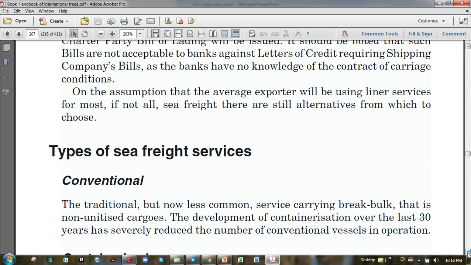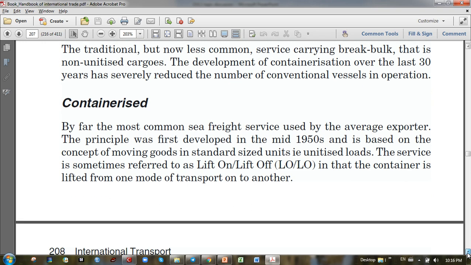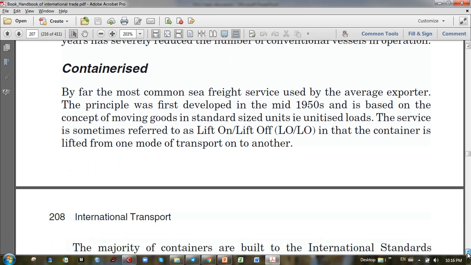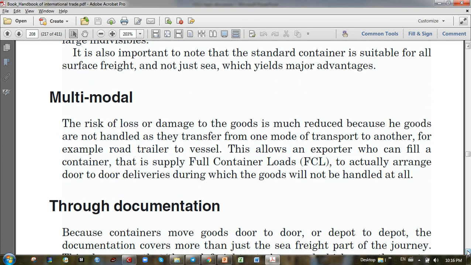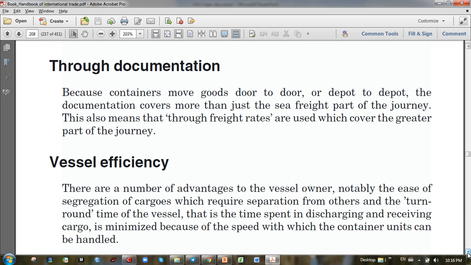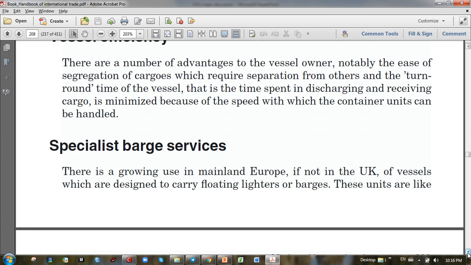Types of sea freight services: conventional, containerized. Then we have multi-modal under sea freight: through documentation, batch agency, specialist batch service.